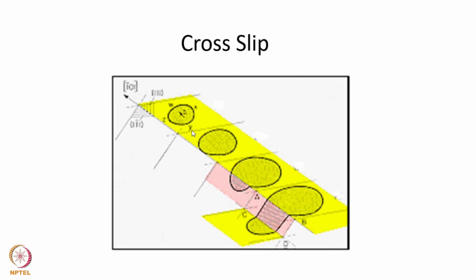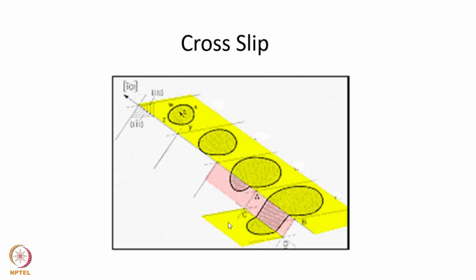So you can see as the dislocation moves along this particular one plane, it can go to another plane like this. It can cross over to another plane having the same slip direction, and then it can go to another plane again if there is a common slip direction between the second plane and the third plane.